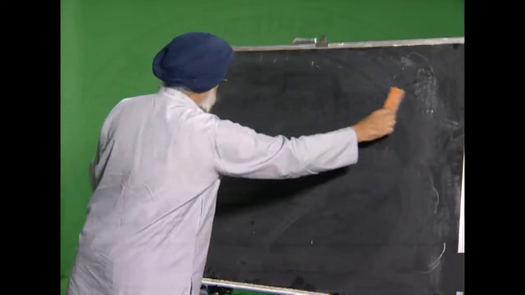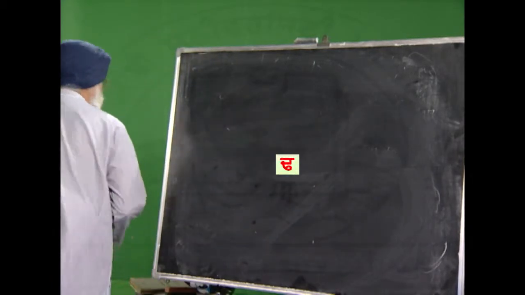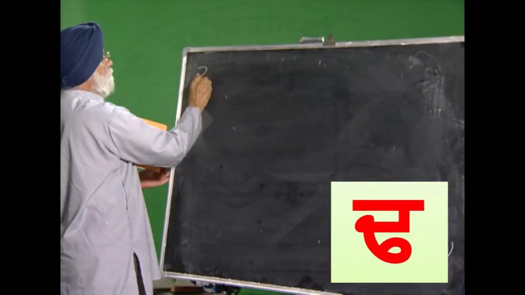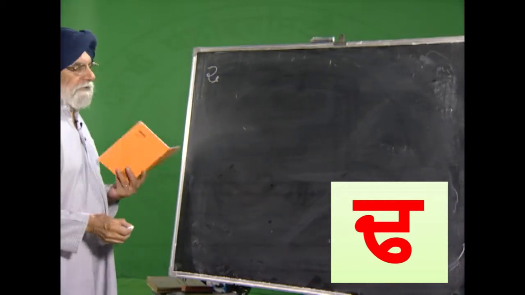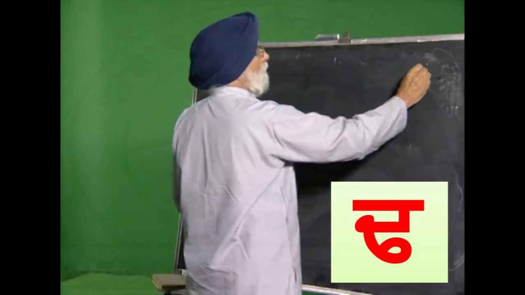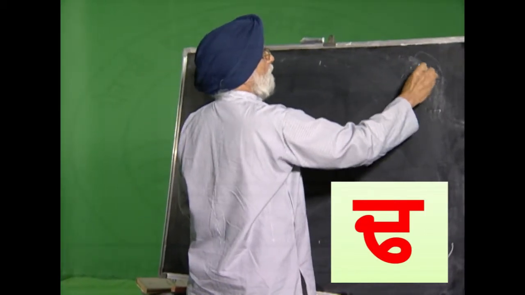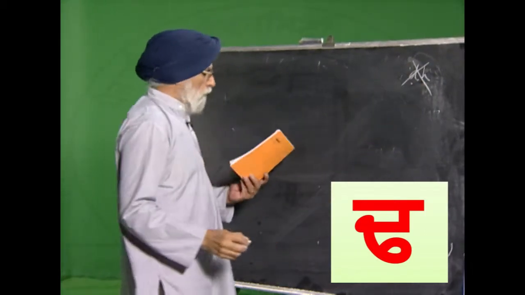The next letter is Tada. You see, Tada again in old orthography will be dha like this, but this is no more the case.